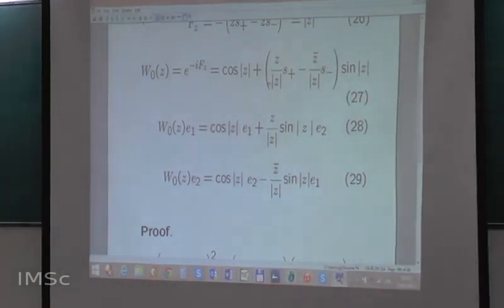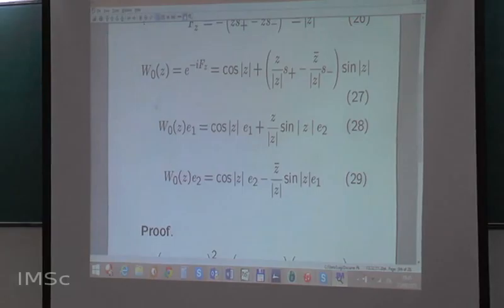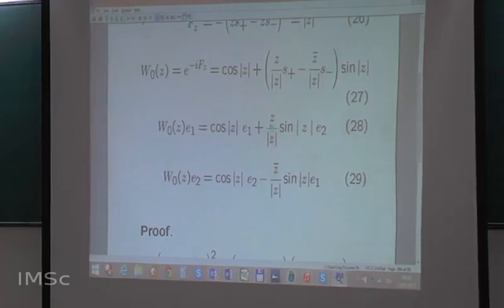And as a corollary, you have this unitary operator which maps this basis into a linear combination of these spaces. Pay attention that when Z, for example, is positive, this part will be 1.